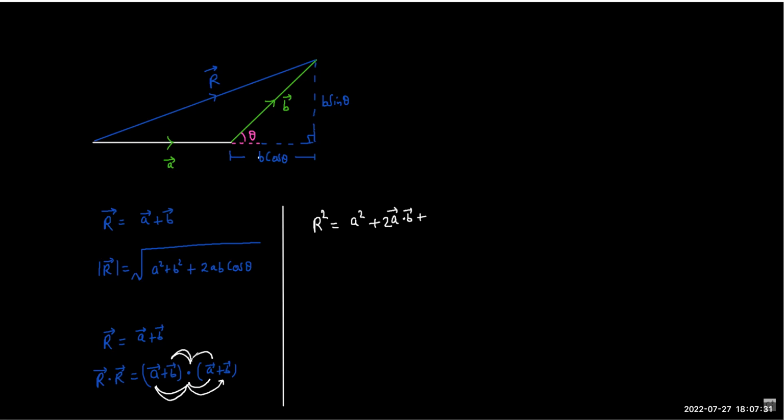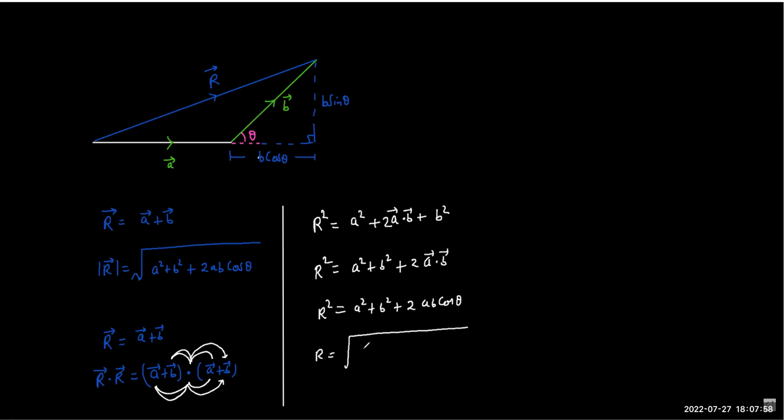The last is B dot B. So you can see clearly that R square turns out to be A square plus B square plus twice of A dot B. And by definition, you can write A dot B as AB cos theta. Correct? And now you can see we got the answer for R without using the Pythagoras. So the dot product is a really powerful method to get the magnitude relation.